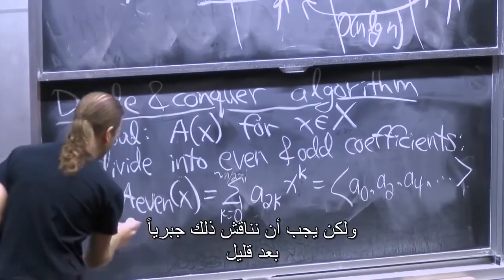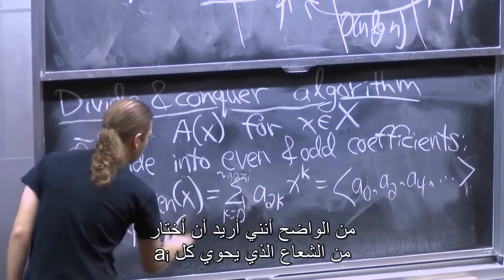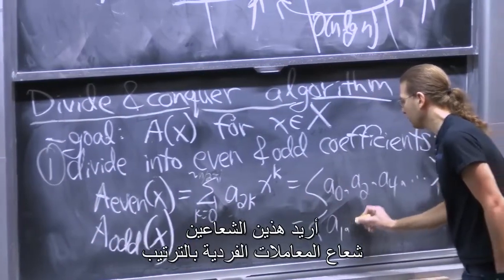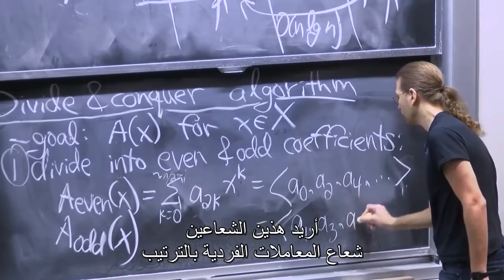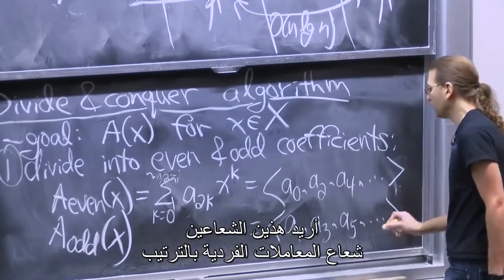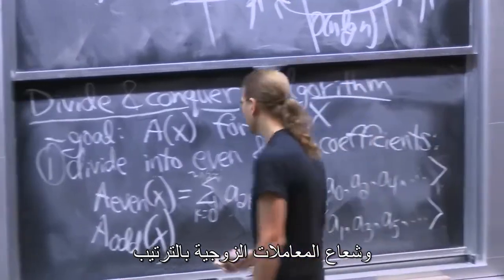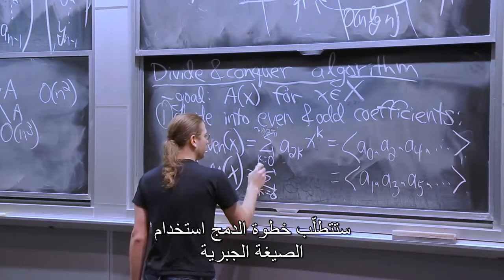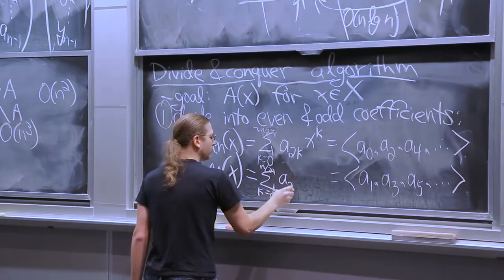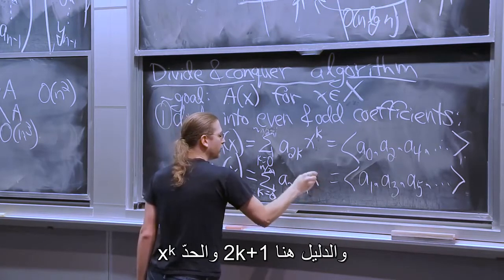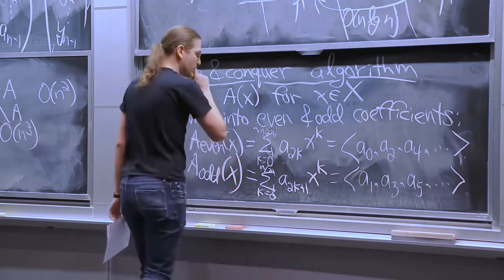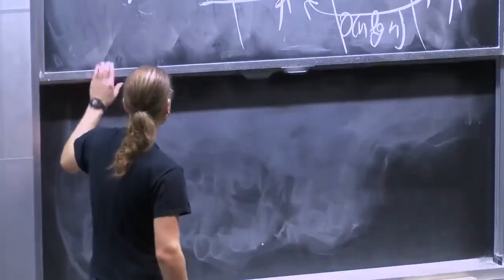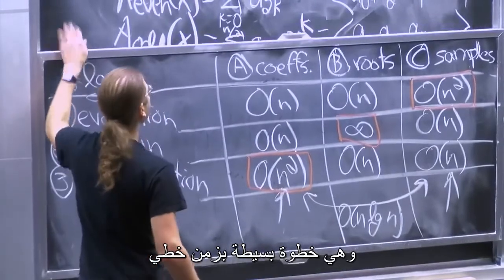Intuitively, I want to extract from the vector of all the a_i's two vectors: the odd coefficients in order and the even coefficients in order. But I'm going to need the algebraic form in a moment for the combine step. So this should be a_(2k+1) x^k. That's step 1, easy to do, linear time of course.